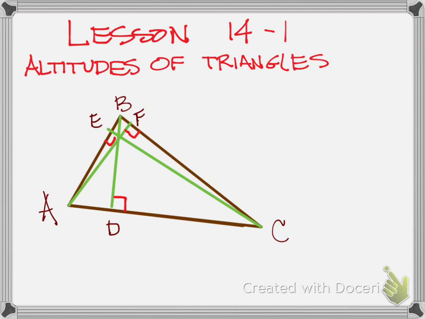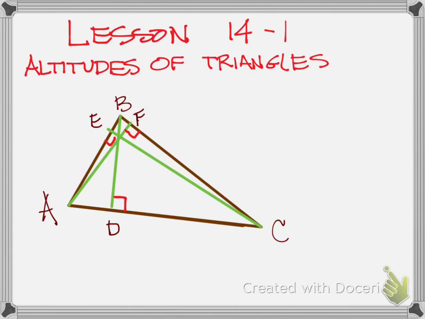And if you think about if you were going to measure how tall you are, you make sure and stand straight up and down. You'd want to be perpendicular to the floor to measure your height. And so segment BD, which we have drawn, is one of the heights of the triangle. And notice that it's perpendicular to side AC.